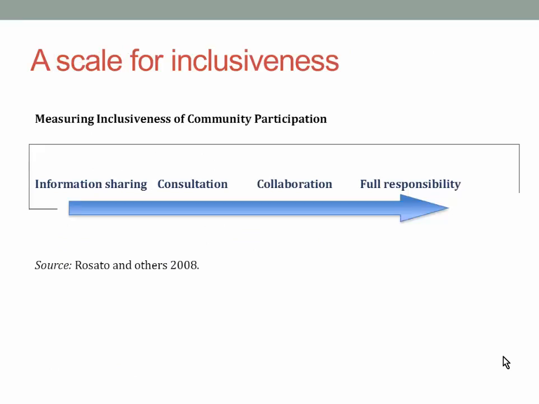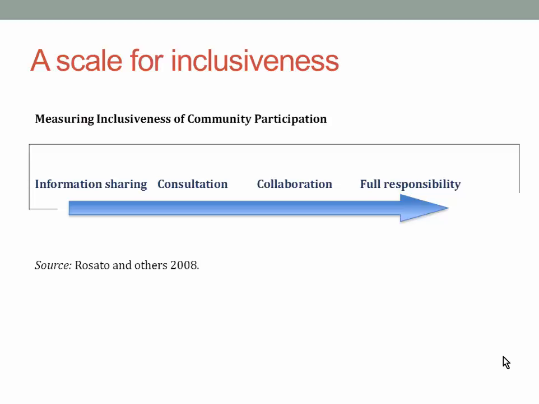A scale for inclusiveness. So measuring the inclusiveness of community participation, this is one way to think about it. This is from Rosato and others, and this is really thought of inclusiveness on a continuum, starting with information sharing on the left-hand side. Information sharing is really just where an external body is sharing information with the community, but not necessarily involving them.